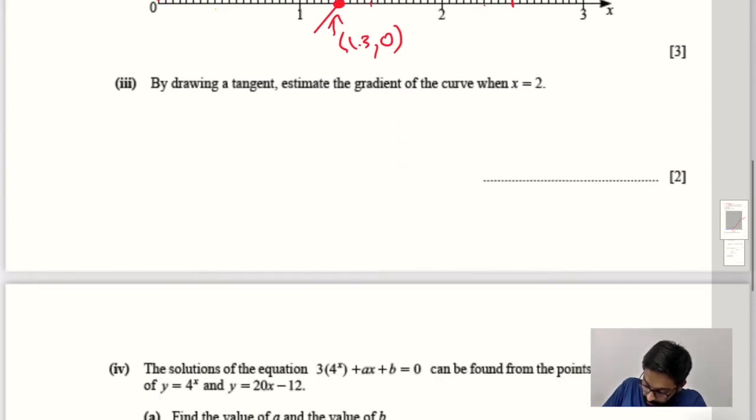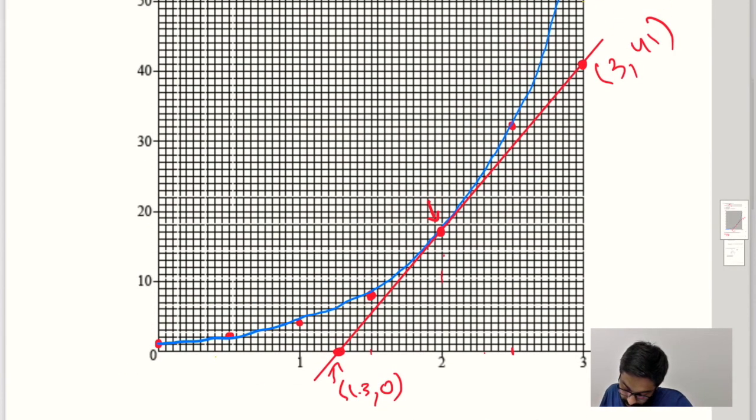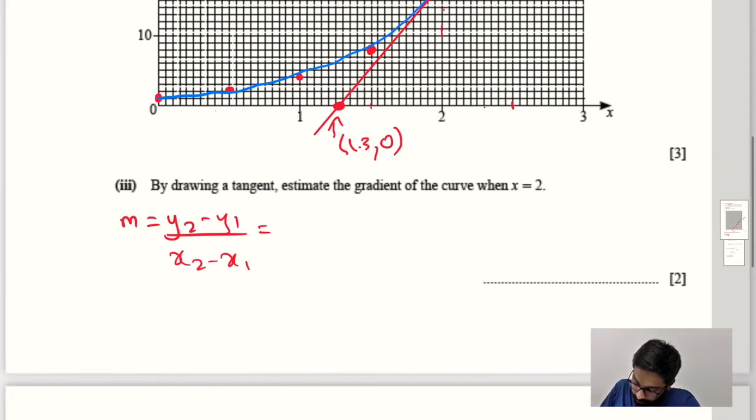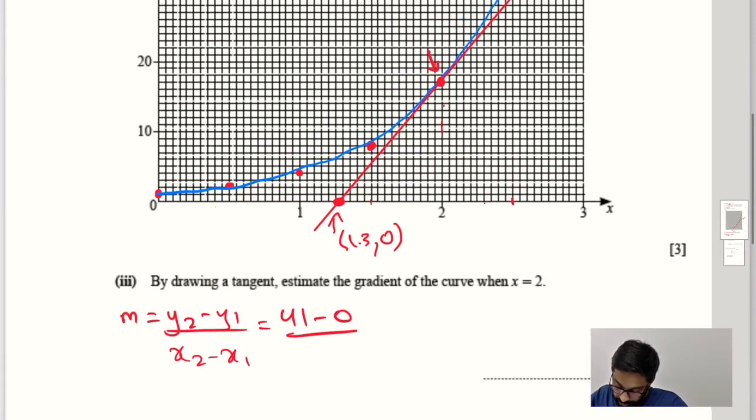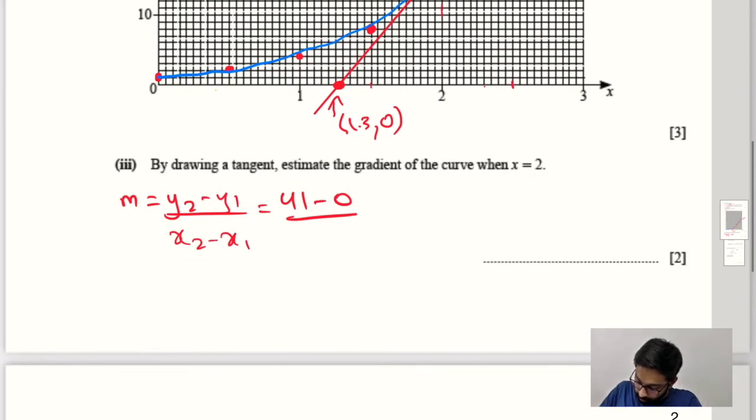So the gradient is found by subtracting y1 from y2 and dividing that by x2 minus x1. So y2 in this case is 41, y1 is 0, 41 minus 0 over, you have x2 as 3 and x1 as 1.3. So 3 minus 1.3.